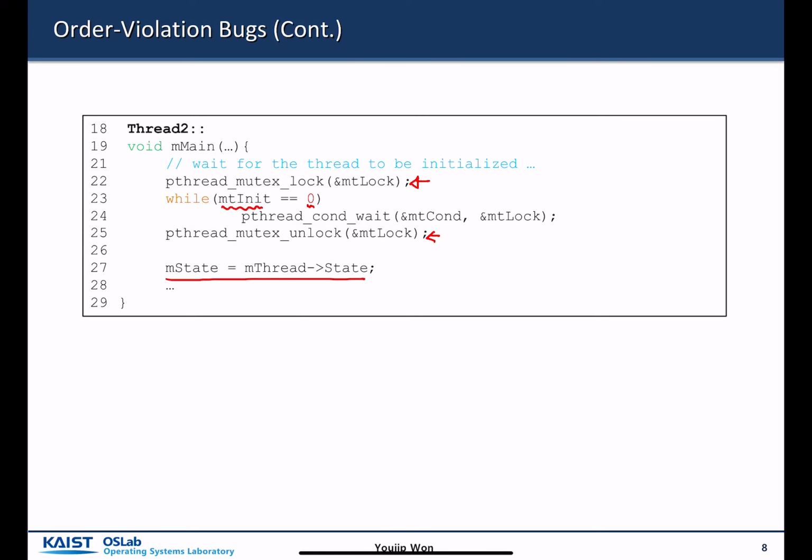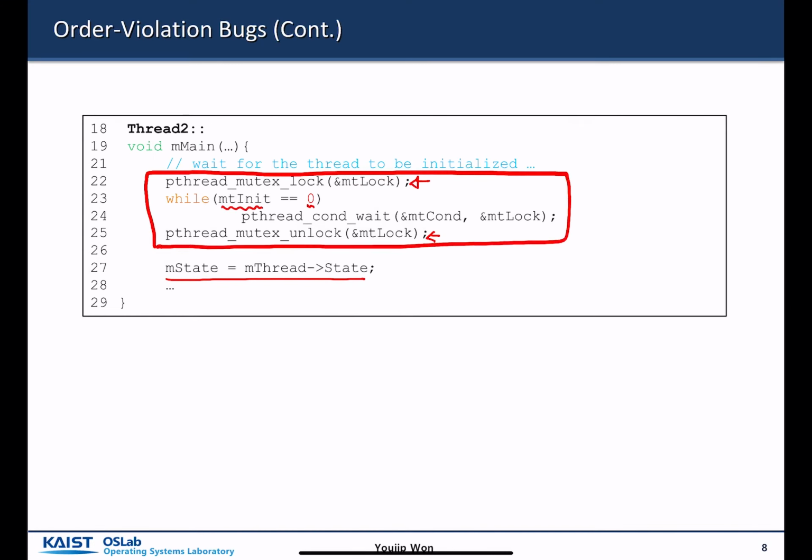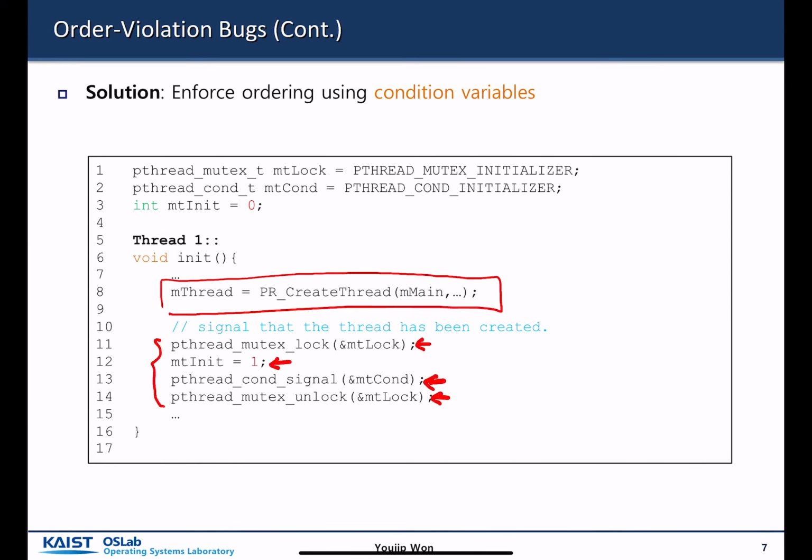So we have to make sure that this piece of code, let's say this is 2, and let me go back to the previous slide, this piece of code, the first one, is used to ensure the order of execution between thread 1 and thread 2.